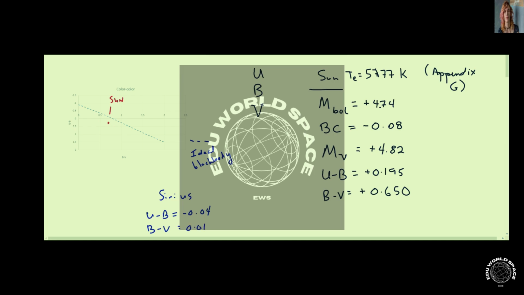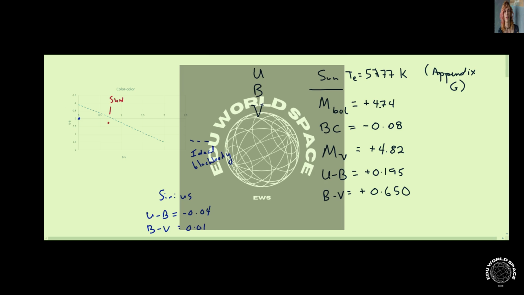And the thing to note is that for our sun, B minus V is higher than the U minus B, and likewise for Sirius, but the difference is quite different for the two. Sirius winds up to be very close to 0. I'll try to put it right on top of 0, 0.